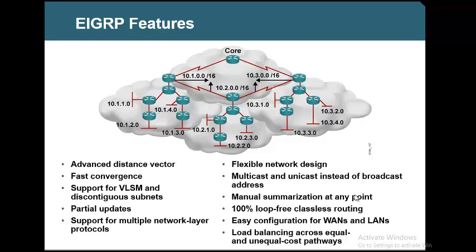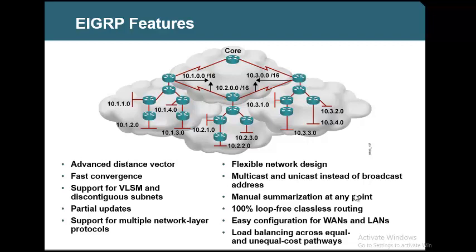Whereas in EIGRP, almost immediate, as soon as the primary route goes down, as soon as the route which was known to the routing table goes down, the route is thrown out, because the triggered update, the immediate update which is flooded to everyone, makes the routing table throw the route which is found dead.